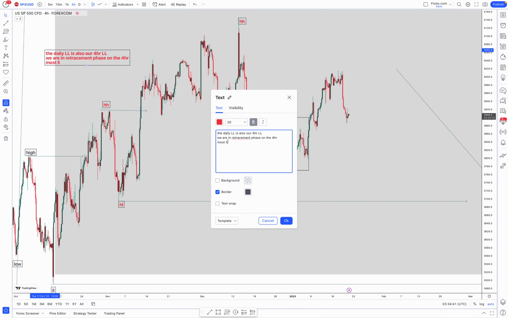Most likely, we will create a higher low if current trends don't change. Okay.